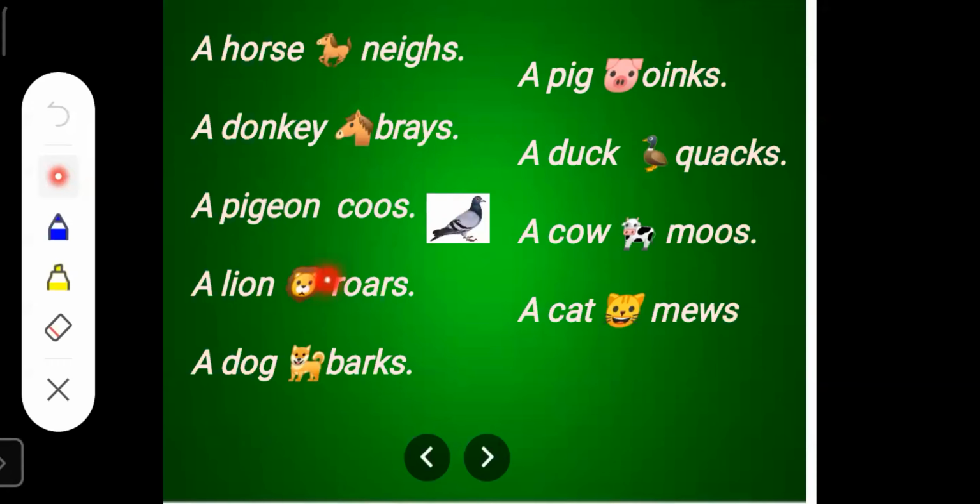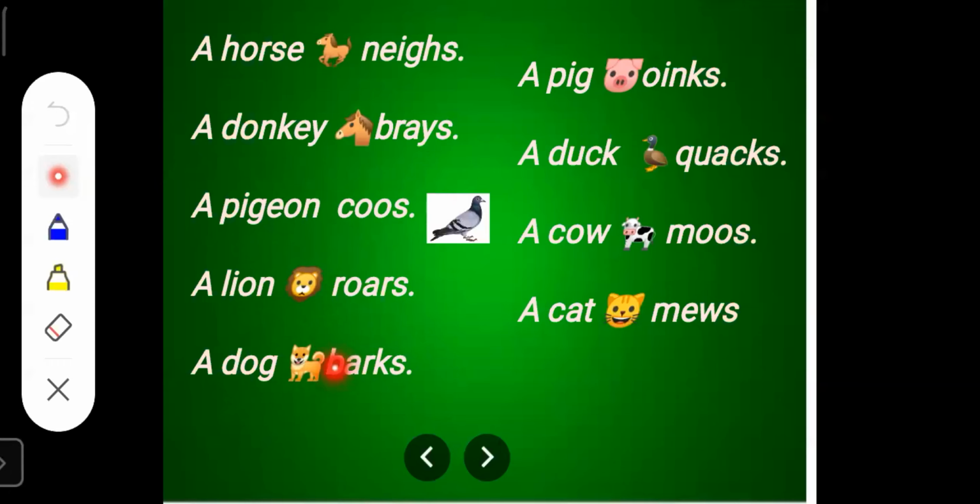A lion roars. The sound made by a lion is called roar. So when a lion makes a sound, we say a lion roars. A dog barks. The sound made by a dog is called a bark.